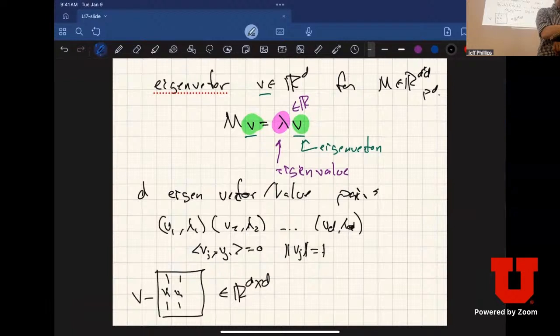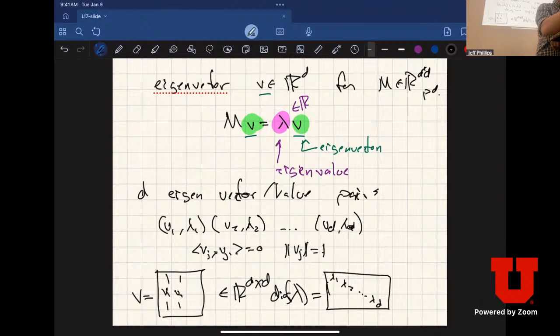We'll call this matrix V, and I'll put all the lambda values into a diagonal matrix, lambda 1, lambda 2, up to lambda D, and we'll have the property that M is going to be V L V transpose.